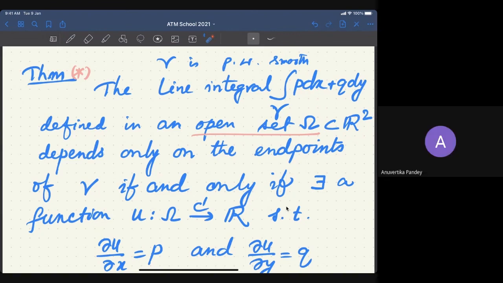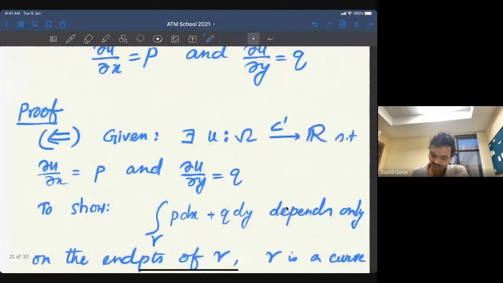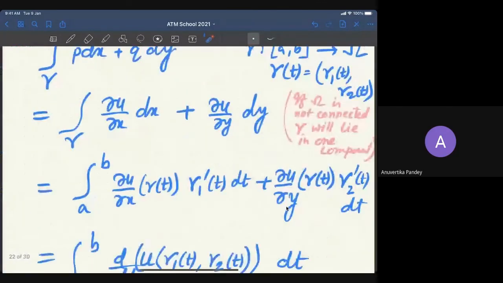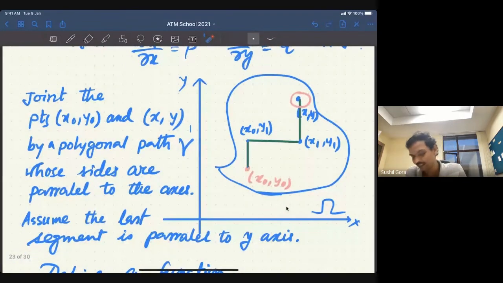Sir, in this theorem, you said that only the last part contributes. Can you explain, because it's still not clear to me? Yeah, because we have chosen the point xy, right? Why don't the k minus 1 parts contribute? Because of where the point xy lies. Xy is this point only, right? And in this domain, the integral depends only on the endpoints, right?